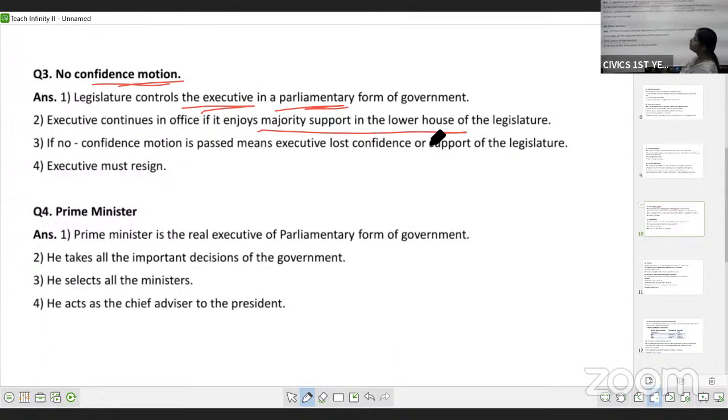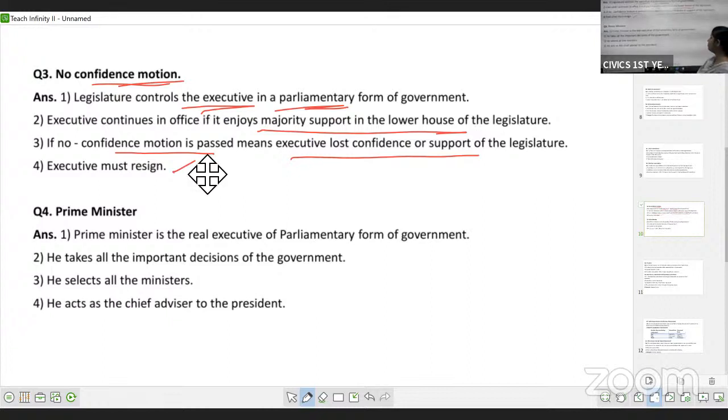If a no confidence motion is passed, the executive has lost the confidence or support of the legislature, and must resign. When a no confidence motion is passed, it can be said that the house does not have any trust in the executive, or does not support the executive. So once this motion is passed, the executive must resign.